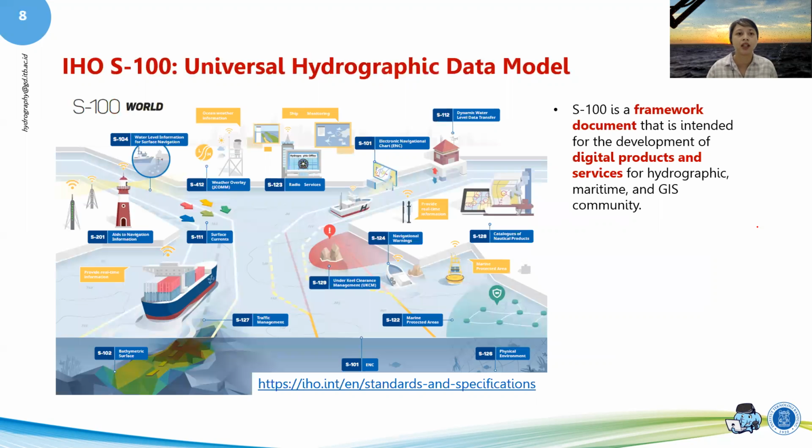So for example, in here, this is the S100 world, that's how they call it. S100 has a lot of branches. For example, you've got your ENC, your electronic navigational chart.